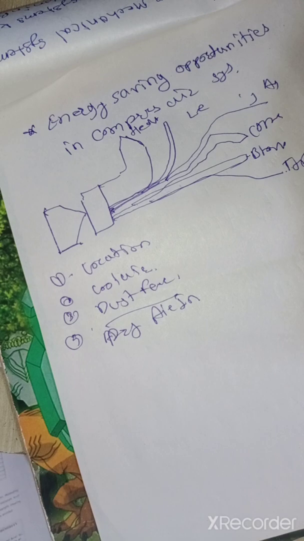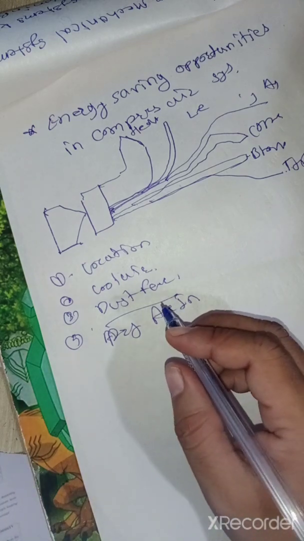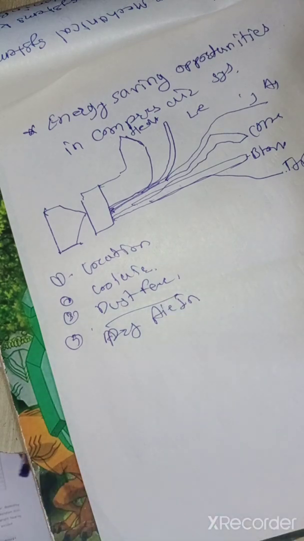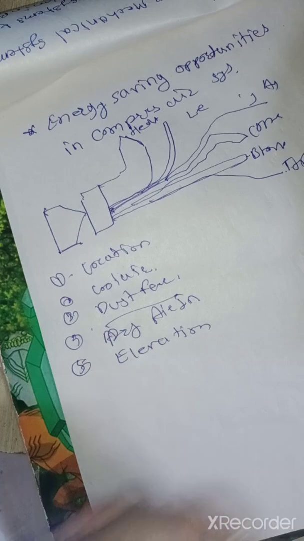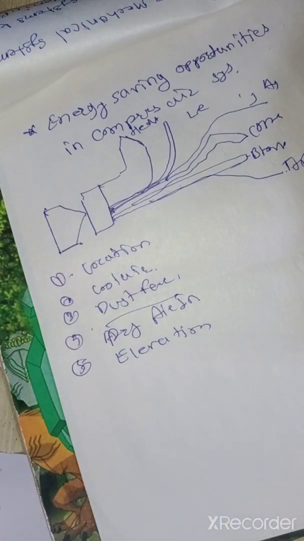The atmospheric air always contains some amount of water vapor depending upon the relative humidity. Being high in weather, the moisture level will be high if air is drawn from a damp area. Fifth is elevation. The altitude of the place has a direct impact on the volumetric efficiency of the compressor. The effect of altitude on volumetric efficiency is given.